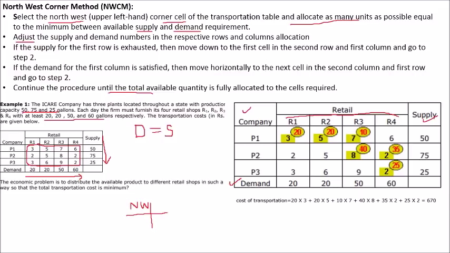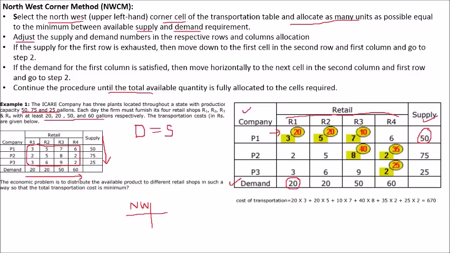The most northwest cell is this cell. Here I have a demand of 20 for this column, and a supply of 50.